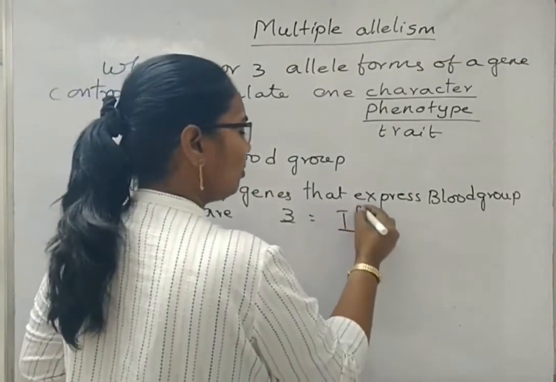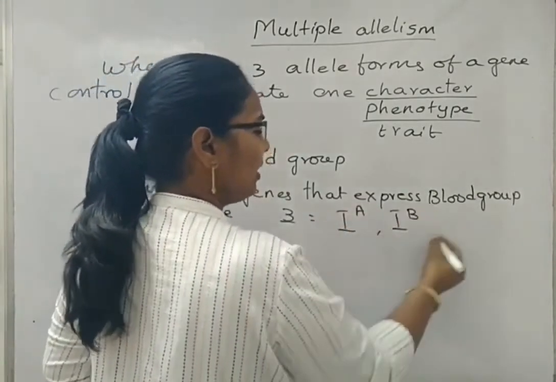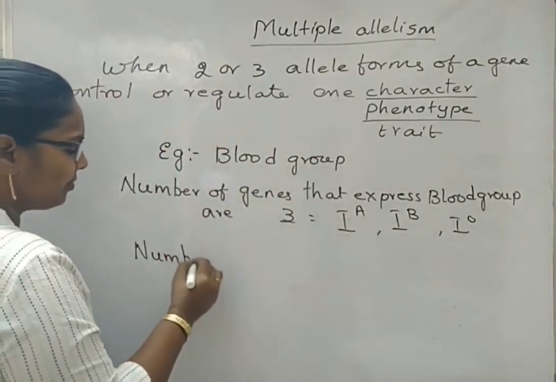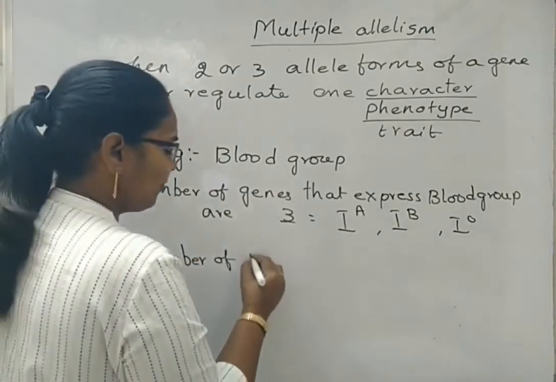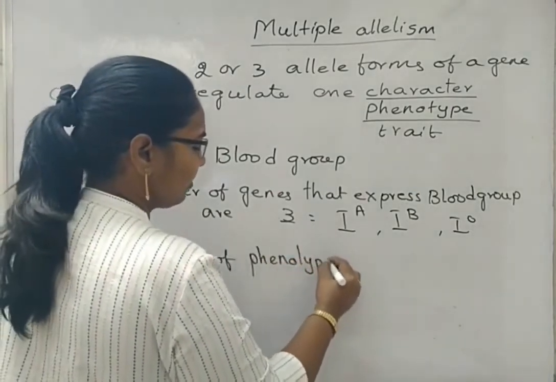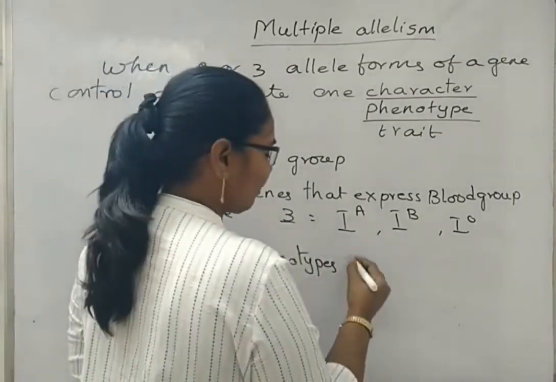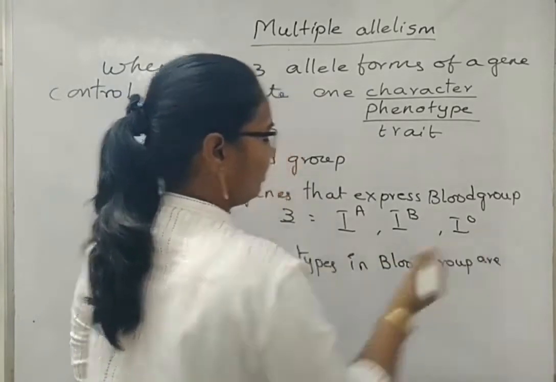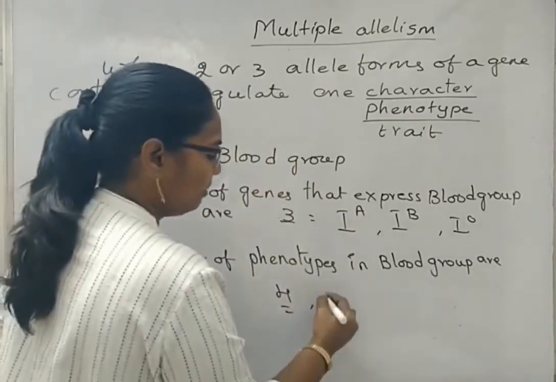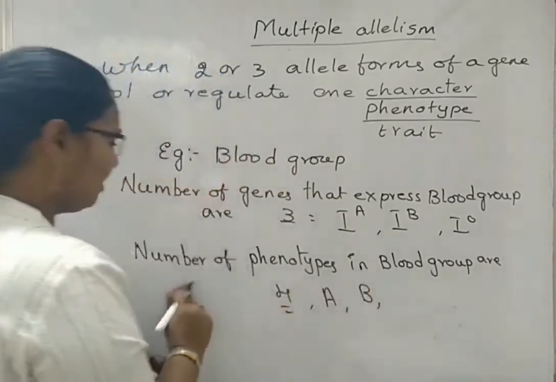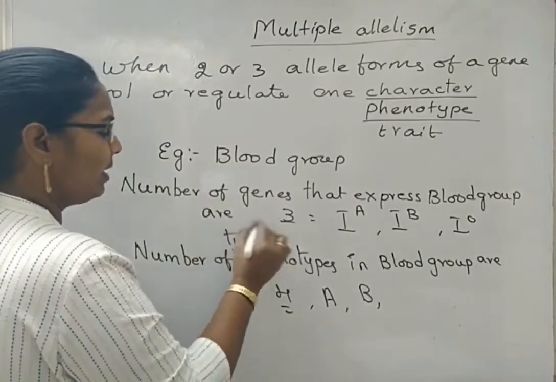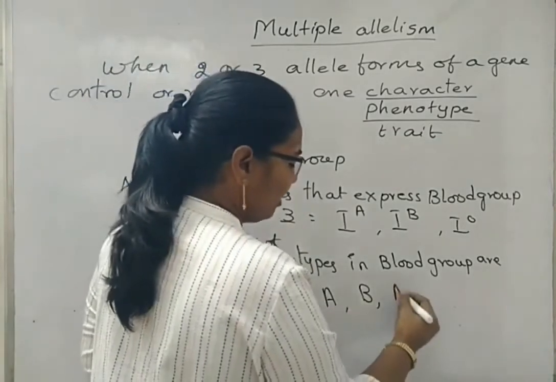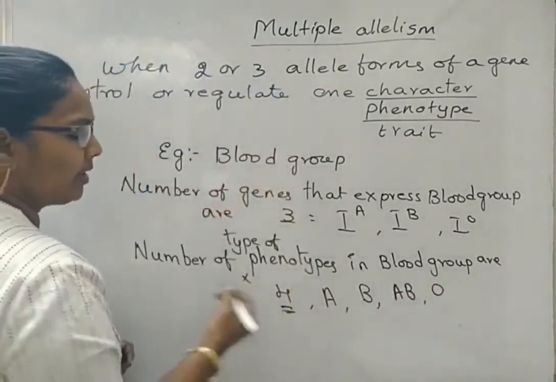They are immunoglobulin A, immunoglobulin B, immunoglobulin O. Now, the number of phenotypes in a blood group are 4. What are they? The types of phenotypes in blood groups are A blood group, B, AB blood group and O. So totally there are 4.